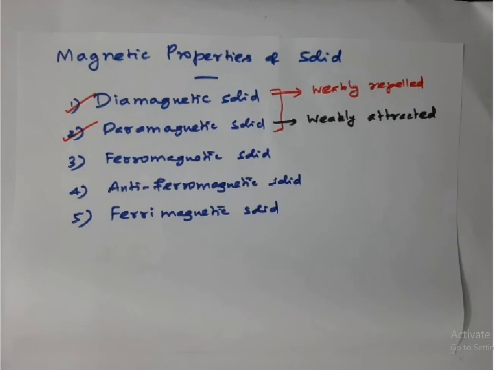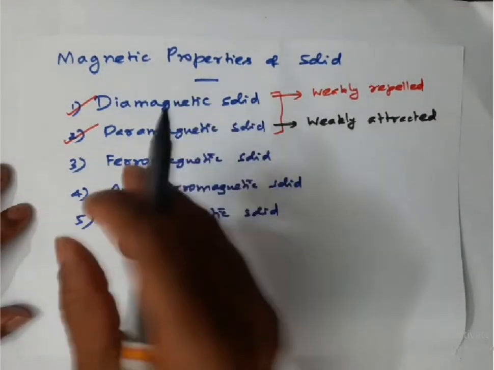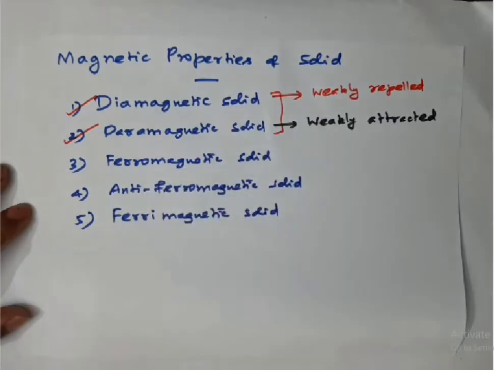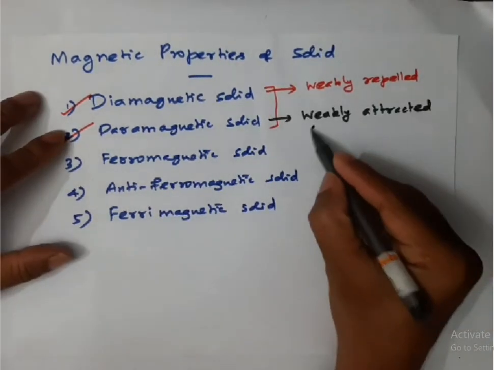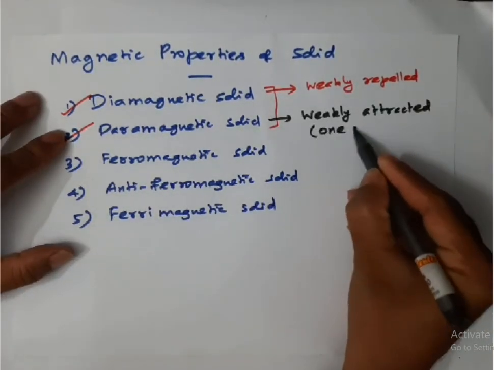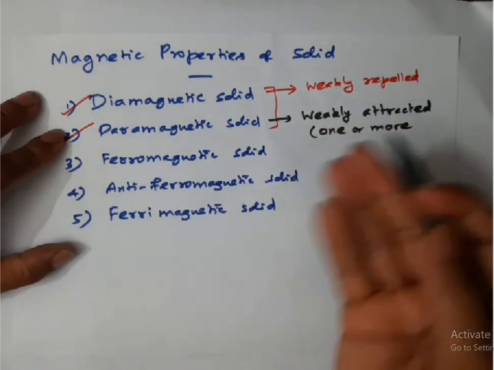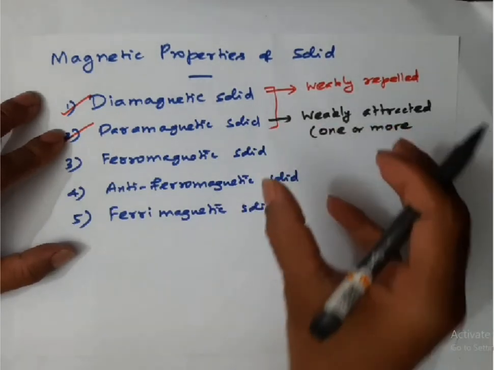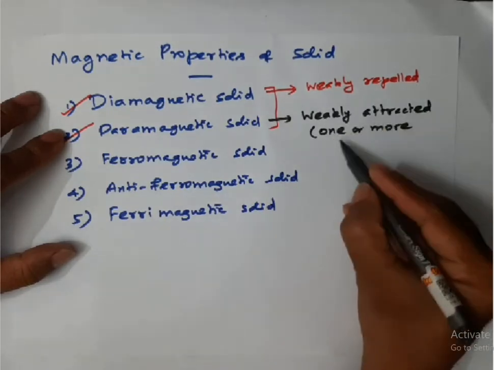And I have told you, in paramagnetic solid, the atoms or ions or molecules present in the solid usually contain one or more unpaired electrons.